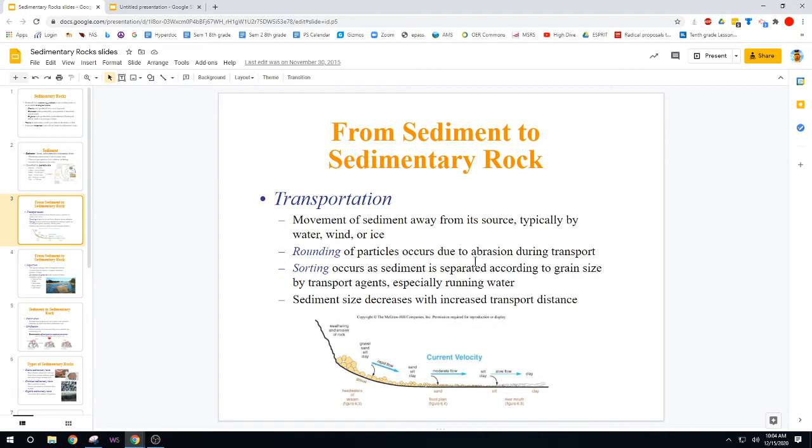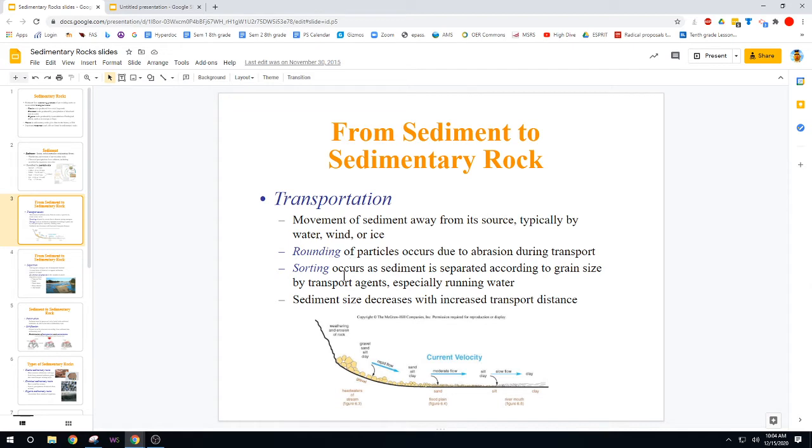This can happen in water and it can happen in wind. As it moves, we have rounding that takes place also. Some of you may have river rock or pea rock as decoration around your house, and pea is a size.